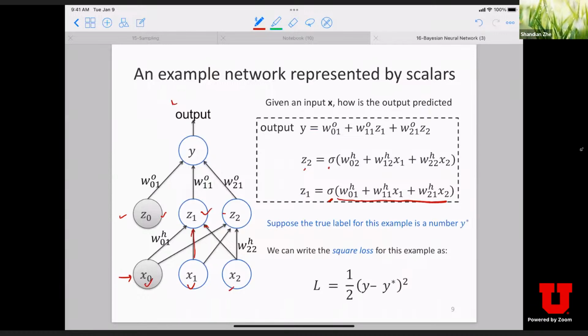But here we only have three layers, which means the third layer is just the output. In the output layer, you simply do a linear combination of the incoming neurons rather than applying a nonlinear activation function. This is just the traditional neural network iteration.